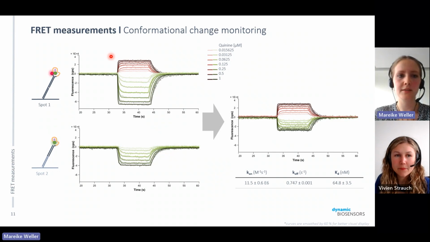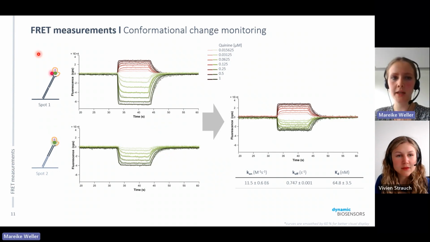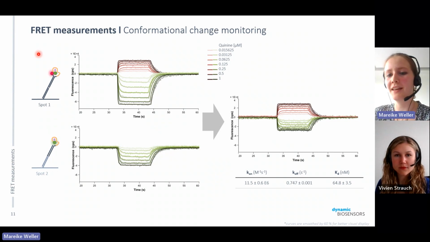Yes, so this is only the example with quinine and the aptamer that I showed you here for this measurement setup, and I also measured some other small molecules, which are currently in our manuscript. And yes, the amplitude changed for different small molecules.